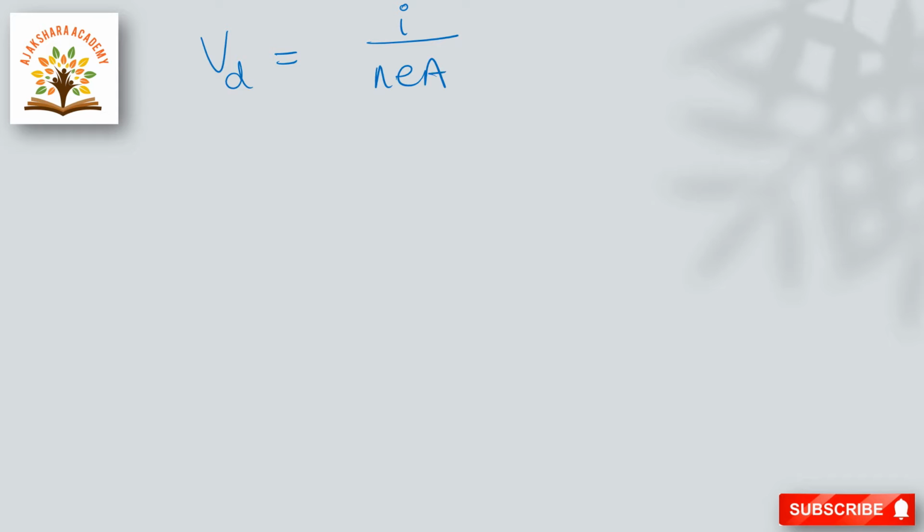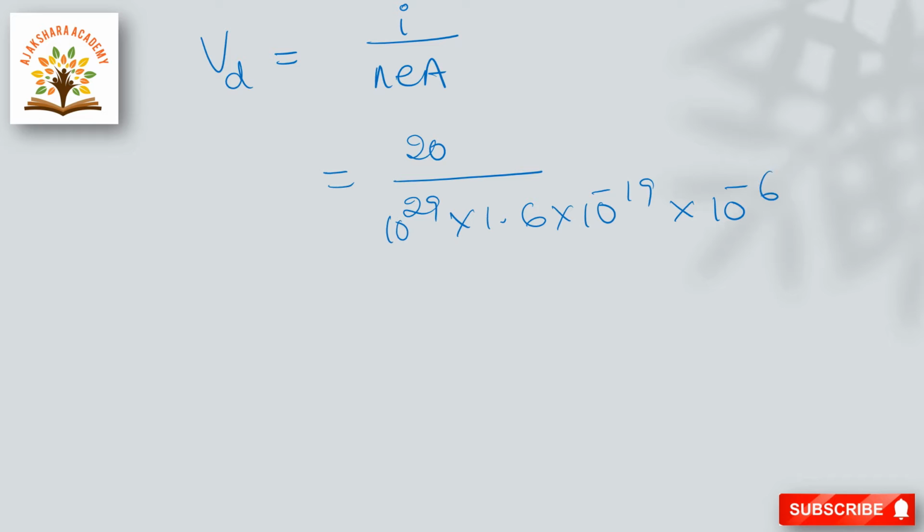Now substituting, I is 20 by N, 10 to the power of 29, into 1.6 into 10 to the power of minus 19, into 10 to the power of minus 6. So that is equal to 20 by 1.6 into 10 to the power of, here 29 minus 19 minus 6, 4.